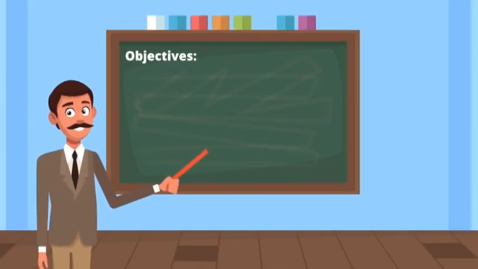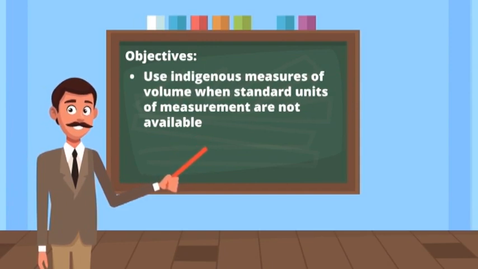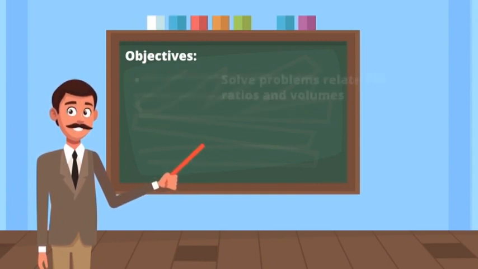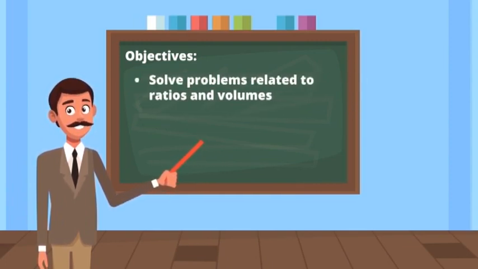You will also learn the advantages and disadvantages of using indigenous measures. Lastly, this lesson will help you solve problems that are related to ratio and volume. After this lesson, you should be able to use indigenous measures of volume when standard units of measurement are not available and solve problems related to ratios and volumes.